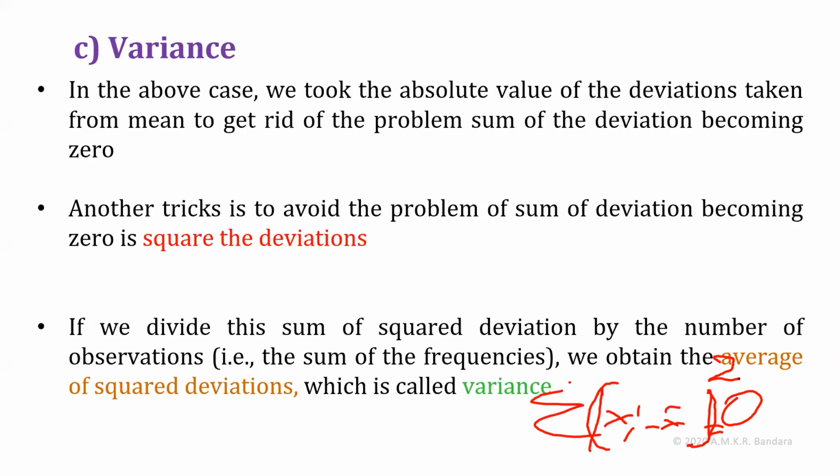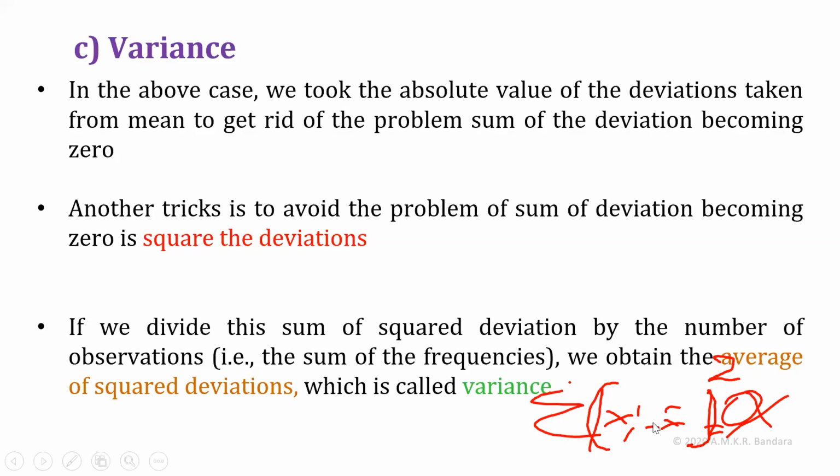For squaring, we first find this deviation, then square these deviations. When we square negative things, they become positive. Therefore, this sum becoming 0 does not happen.